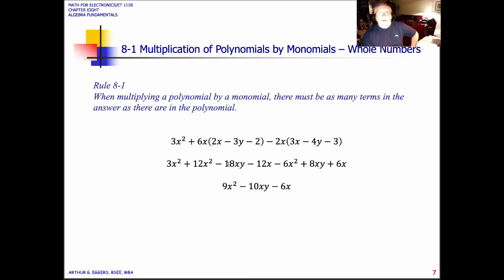Then 18xy plus 8xy gives us a minus 10xy. And then finally, minus 12x plus 6x gives us a minus 6x. So now we have, again, terms that end up being polynomials of the degree that we started with.